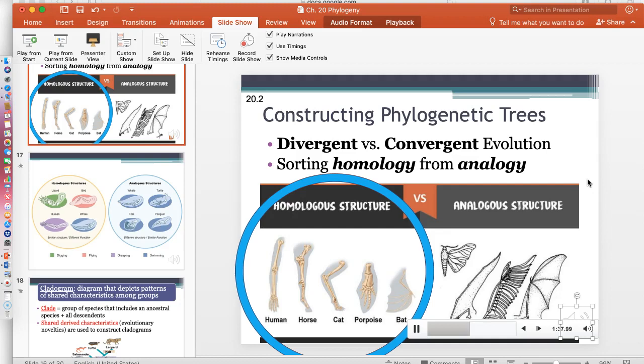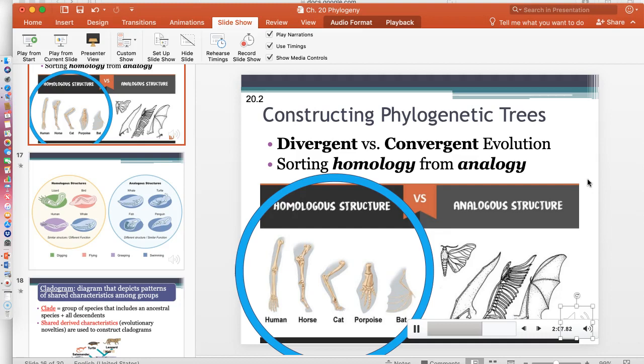And because they had similar environmental pressures, they just became very similar to one another. So similar problems led them to have similar adaptations in their environment, but not starting out from a common ancestor.